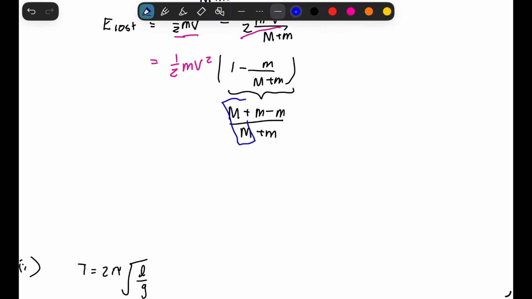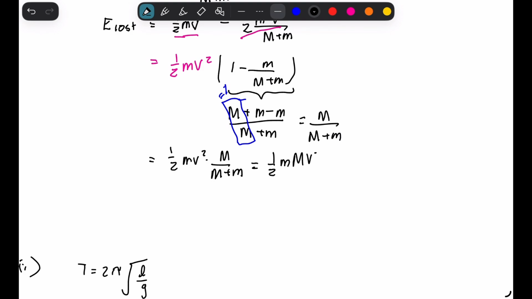After this it would be M over (M plus m). So this is 1/2 m v squared times M over (M plus m). So the energy that is lost is 1/2 m M v squared over (M plus small m).